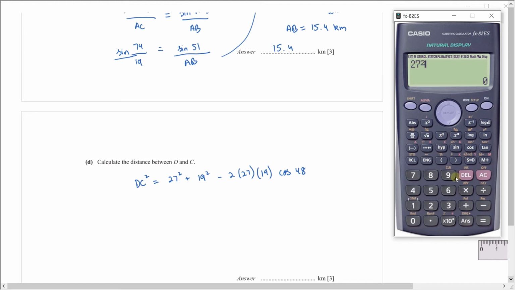So 27 squared plus 19 squared minus 2 into 27 into 19 into cos of 48. So DC squared is 403.472. Let's take the square root of this and I get 20.08. So DC up to three significant figures will be 20.1 kilometers.